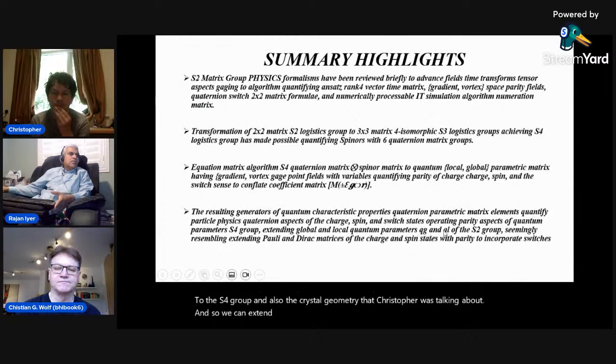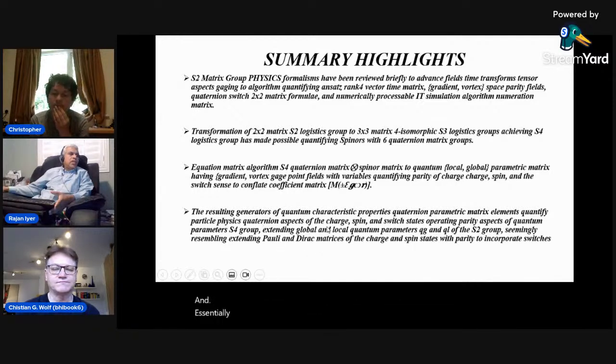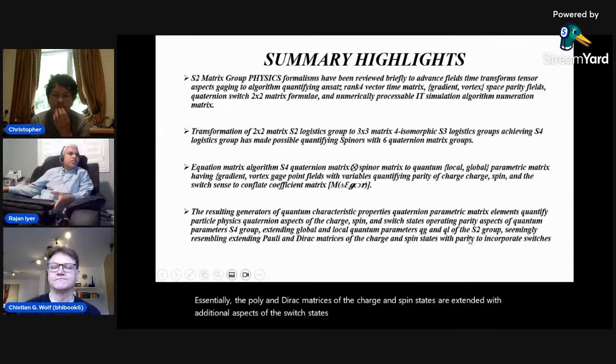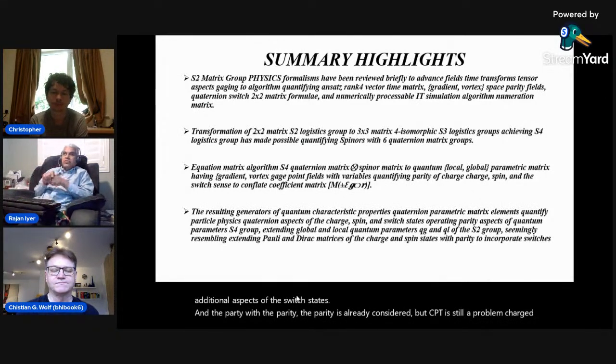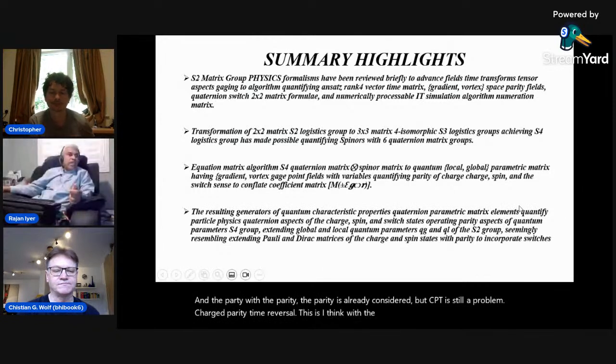And so we can extend the QG and QL description of the S2 group, and essentially the Pauli and Dirac matrices of the charge and spin states are extended with the additional aspect of the switch states and with the parity. The parity is already considered, but CPT is still a problem. Charge parity, time reversal. I think with the switch states, we may be able to solve that. That's my feeling about that.